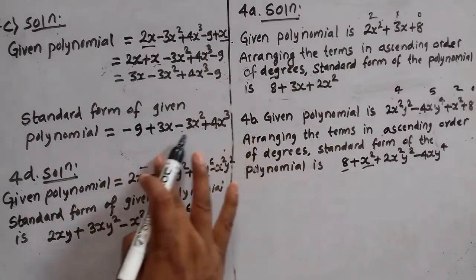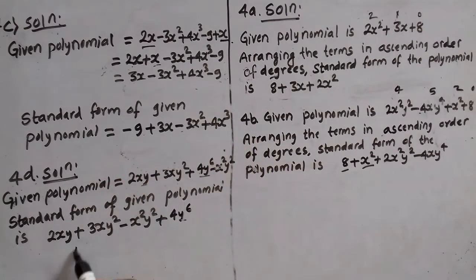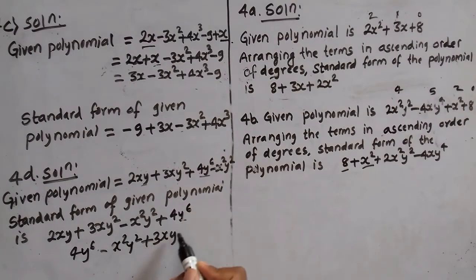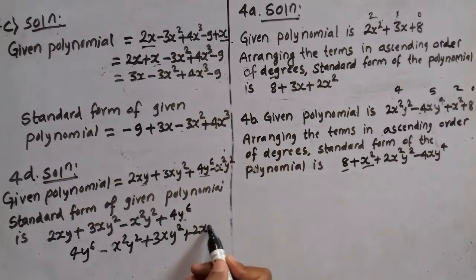If we write this in descending order, then we can write in this way: 4y6 minus x square y square plus 3xy square plus 2xy.